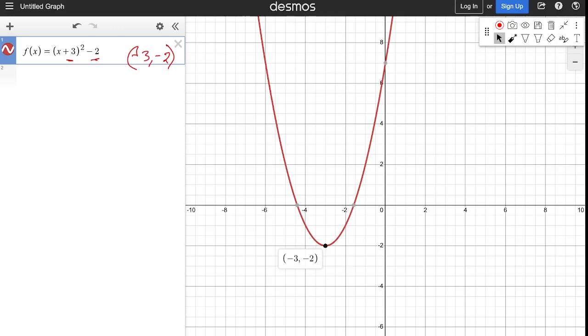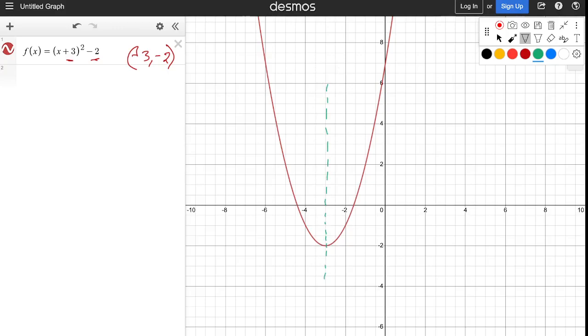Some of the other parts we're going to want to pick up are the x-intercepts. These don't have integer values, which is fine. But what you'll see is that the x-intercepts are symmetric about the vertex. So the axis of symmetry comes through here right at negative 3. Right? So there's our axis of symmetry, x equals negative 3, going right through the vertex.